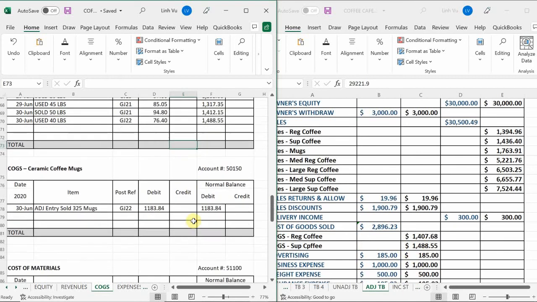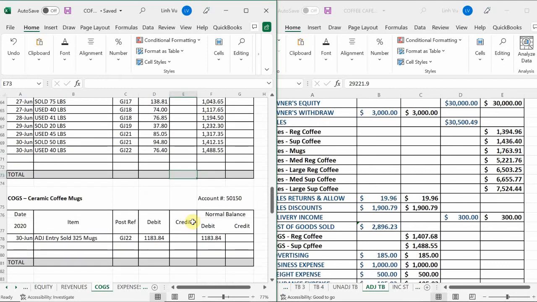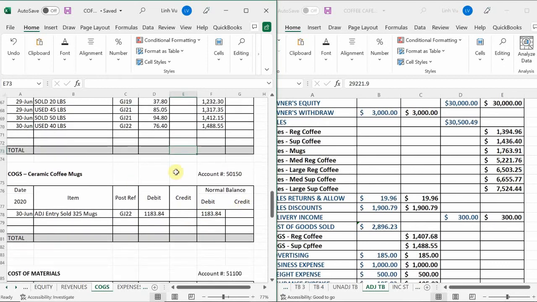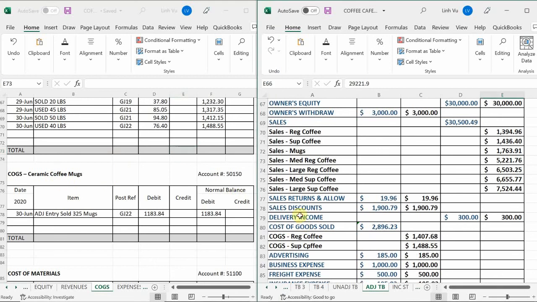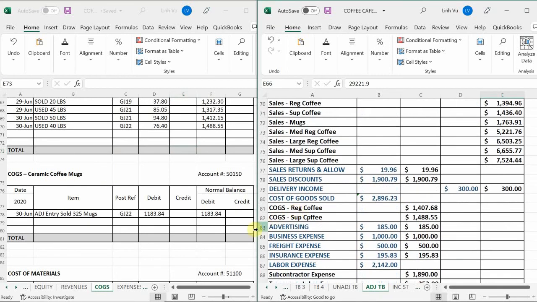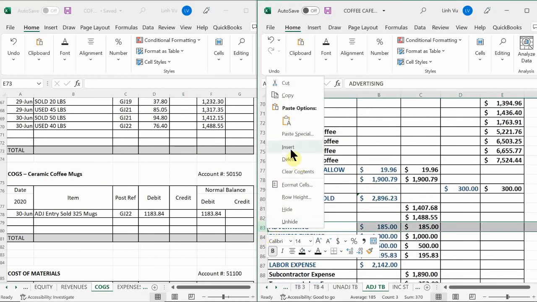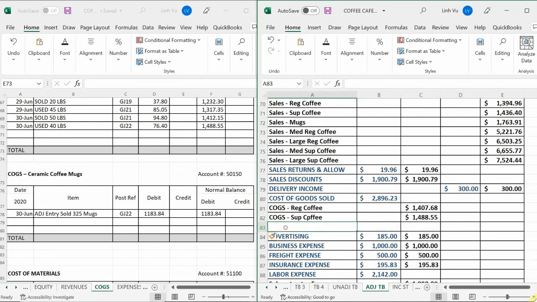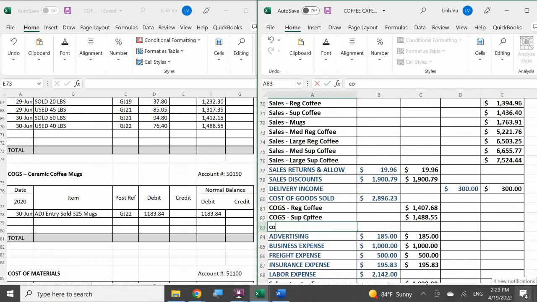But we did an adjustment. So in this case, we need to include the cost of goods sold for the ceramic coffee mugs as part of the cost of goods sold. So I need to insert a row here for the COGS for ceramic coffee mugs.